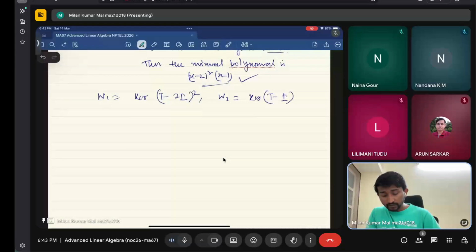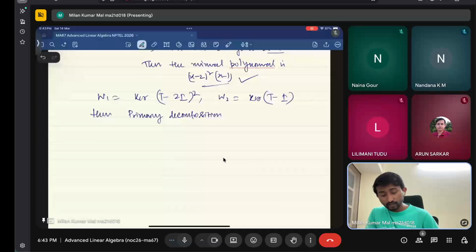the primary decomposition theorem says that W1 and W2 are invariant subspaces for T, and V is the direct sum W1 plus W2.